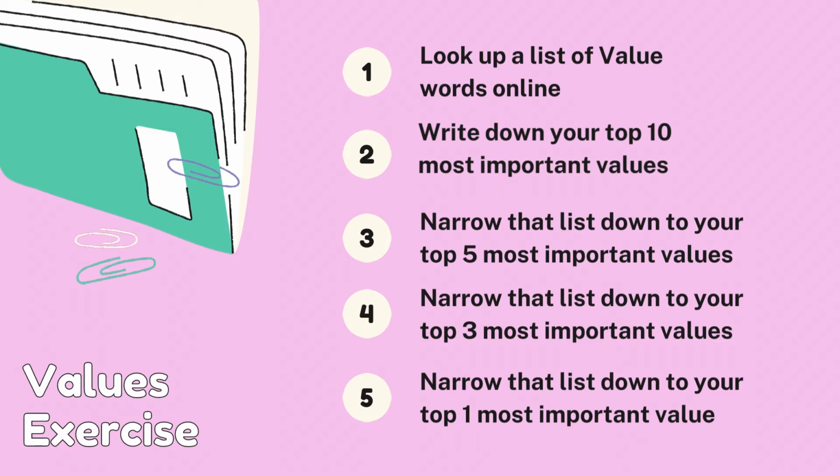Doing this values exercise really helps you to hone in on what qualities and traits are most important to you, and hopefully they are more unique than just writing about the first thing that pops into your brain, which then could lead to be the basis of your college application essay.